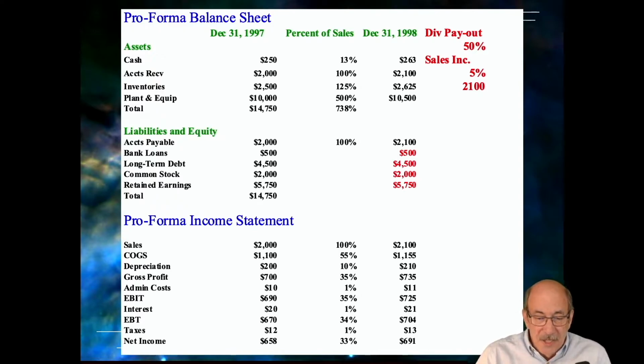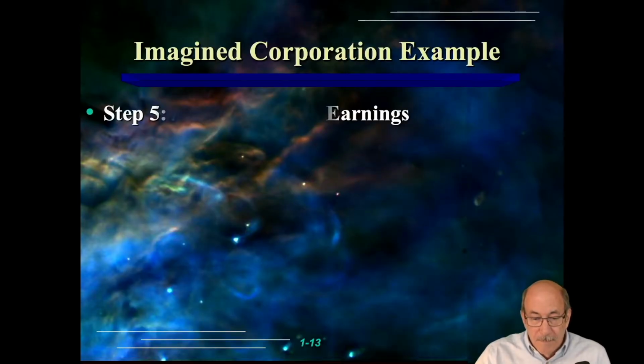But in this particular example, we said, let's just let bank loans, long-term debt, common stock, and retained earnings come straight across. So we're going to use the 97 figures in 98. In just a minute, we're going to make some adjustments to those, but for the moment, let's just bring them over directly from the historical numbers. All right? So now we've got values in all of our accounts for both the balance sheet and the income statement.